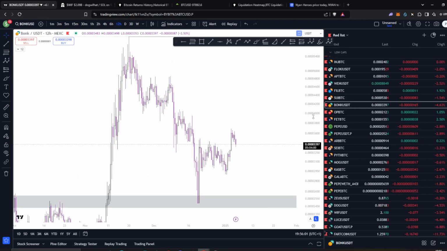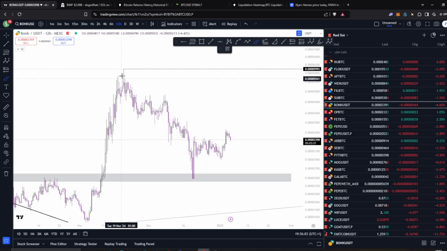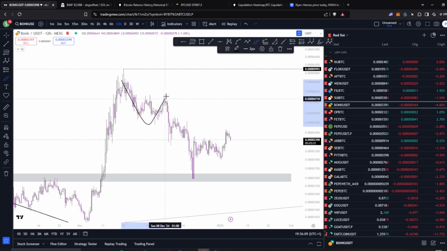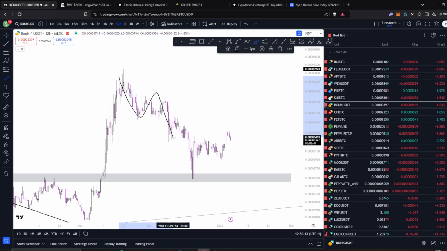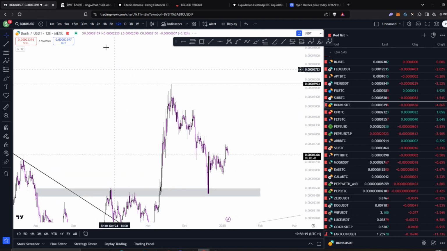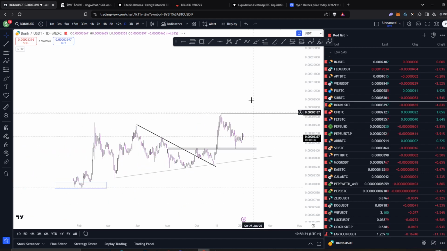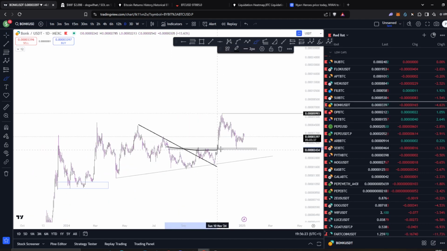If I look at the 12-hour here, you do have that 1, 2, 3 move towards the downside. Meanwhile, 1, 2, 3. Yeah, that's tough. 4, 5. The difficult one too. We can of course see that you're bouncing off that previous support.